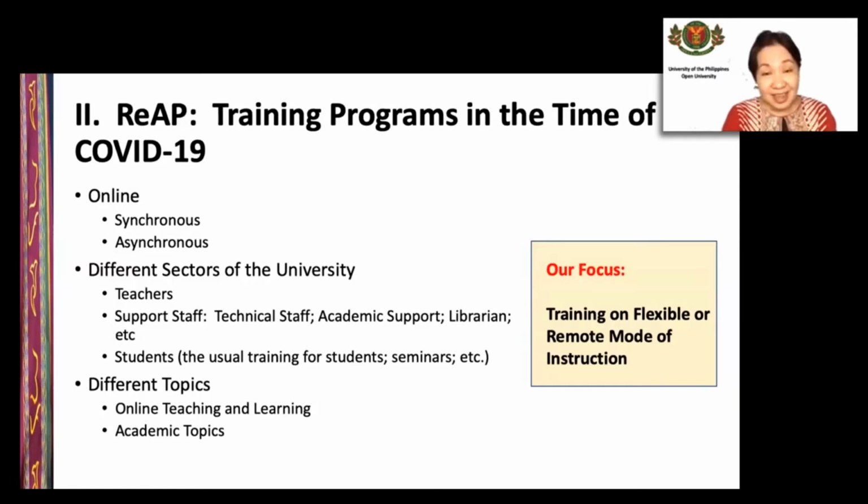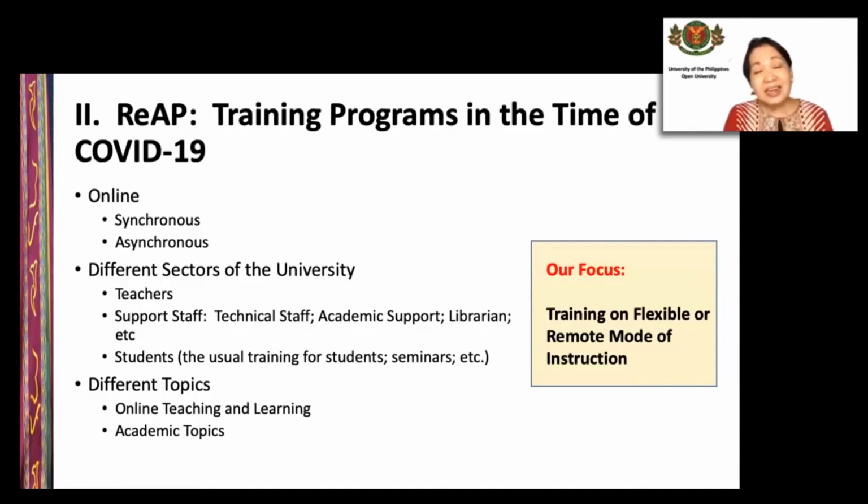What really interests me at this point is that we have started the semester, but there are still requests coming in at UPOU, requests for training. And we thought that those concerns had already been addressed.